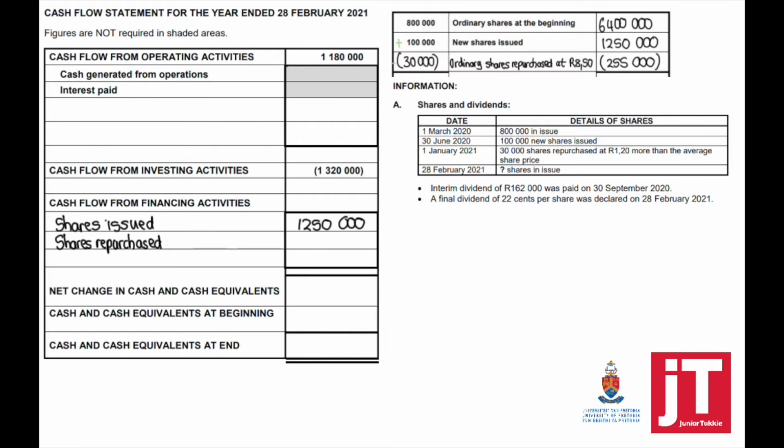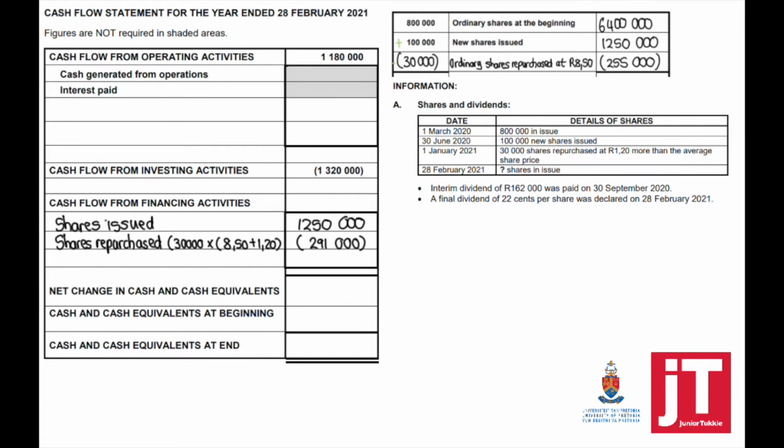Now they said to us, we've repurchased it for R1.20 more than the average price. We've calculated the average price was R8.50. So to find out the total repurchase price, we need to take R8.50, which is the average price, plus R1.20, which was the amount above the average share price, and we times it by 50,000.